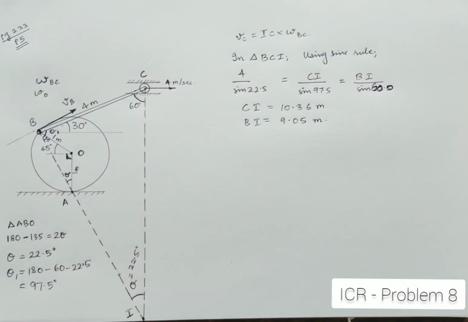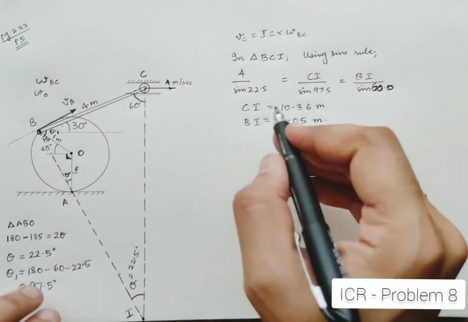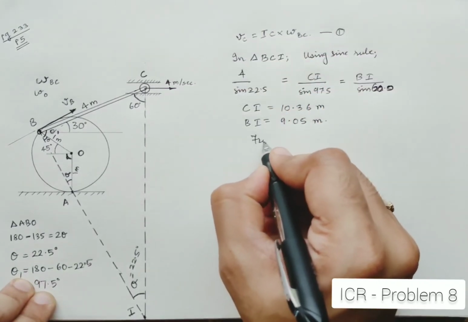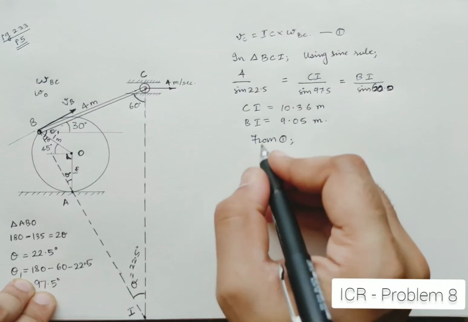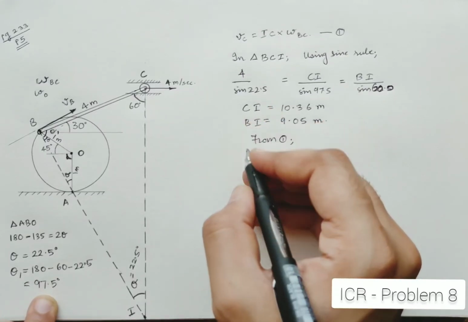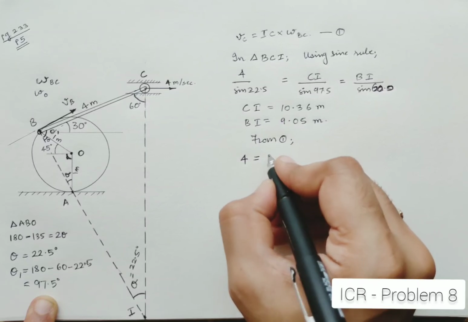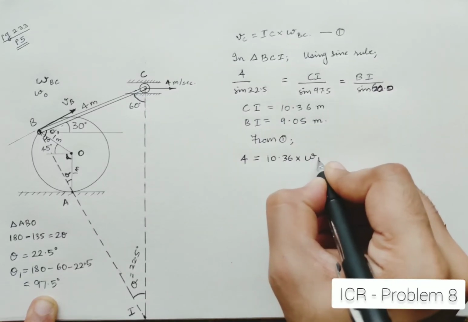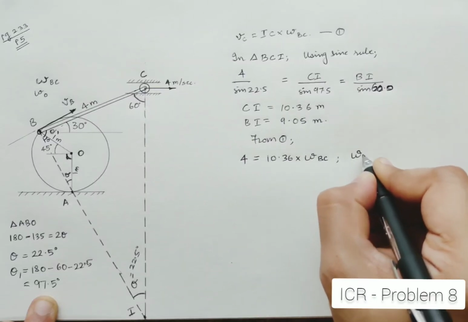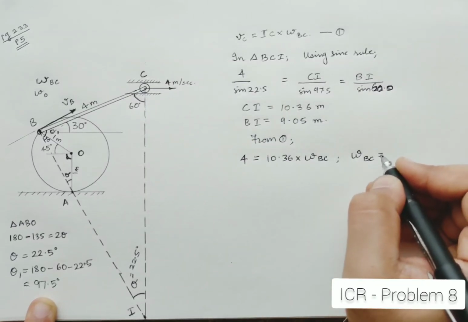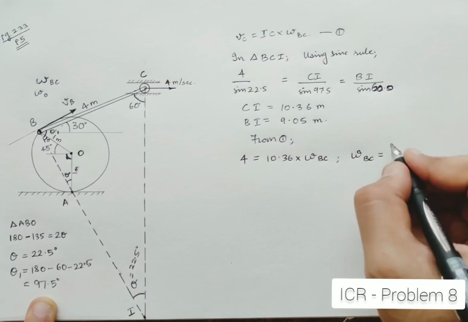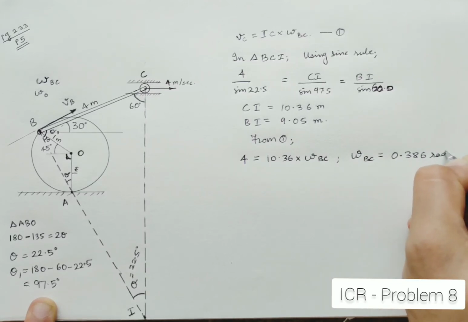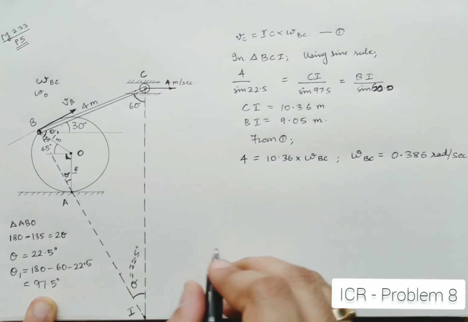Okay, so now we know these lengths, so I can rewrite from my equation. Let me call this 1. So from 1 I can find out VC. VC was actually given, so I can say that 4 is equal to 10.36 into omega BC. So omega BC can be known to me, which will be equal to 0.386 radians per second.